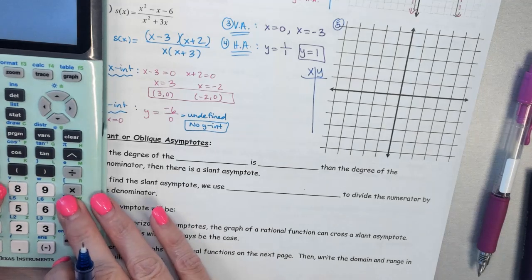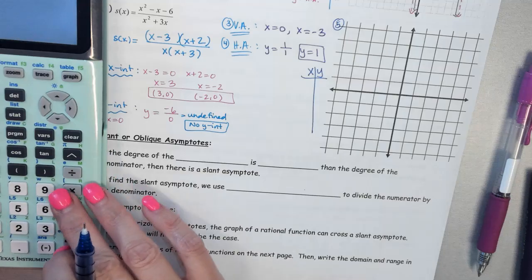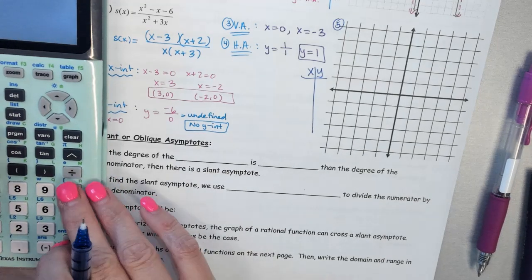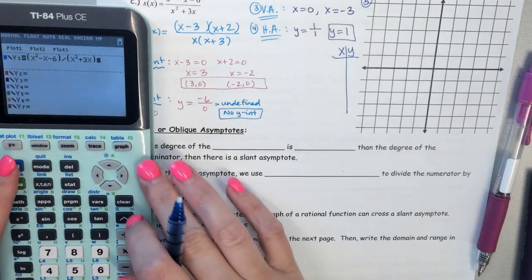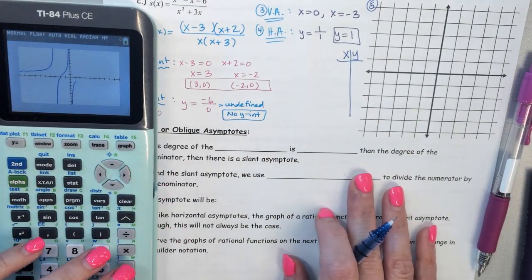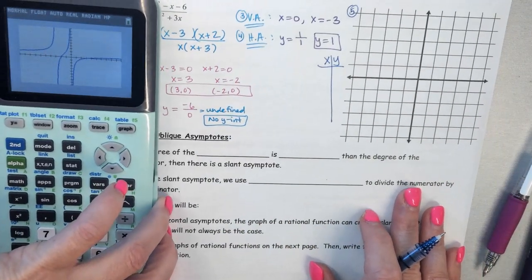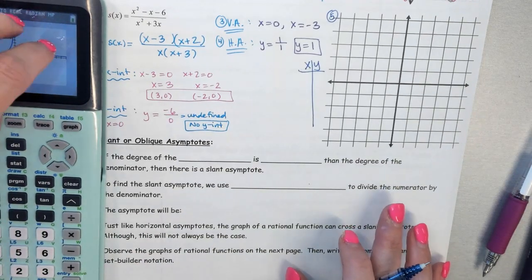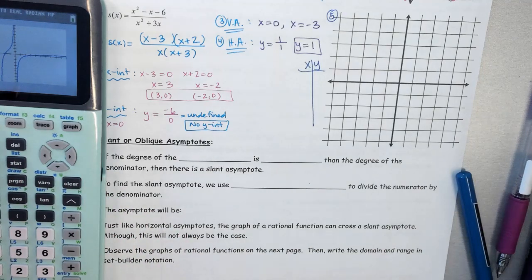So we have x squared minus x minus 6 divided by x squared plus 3x. Okay, so this one you have 3 branches. Okay, so because you can fit this in the 5 by 5, we'll just go by ones.